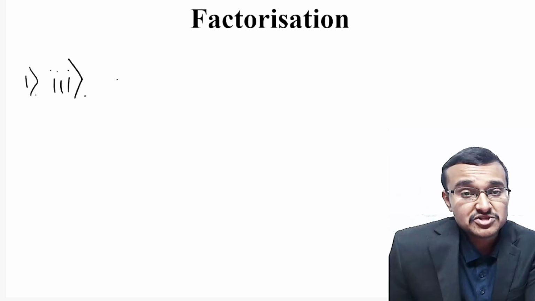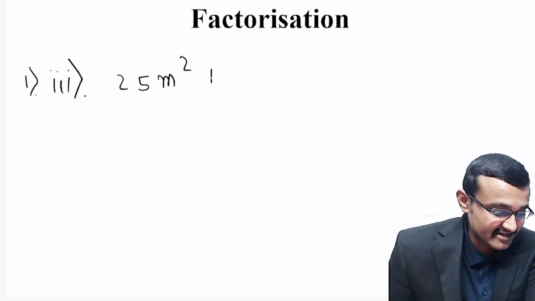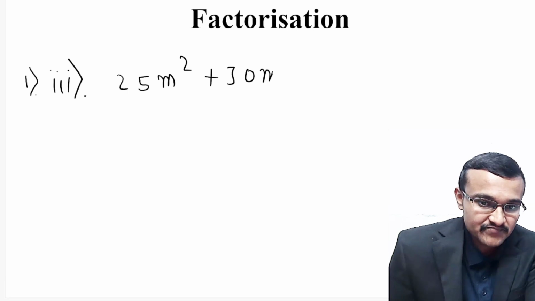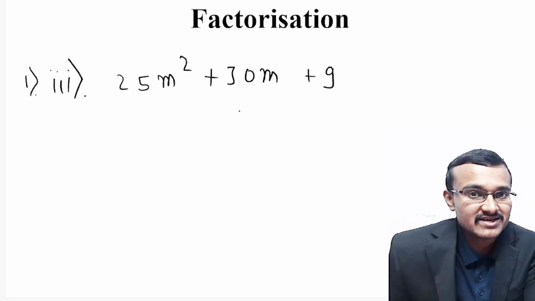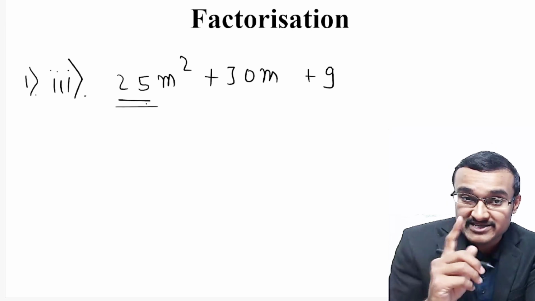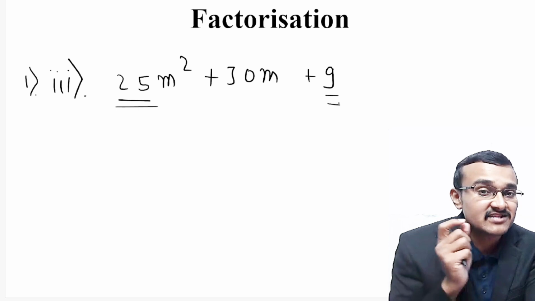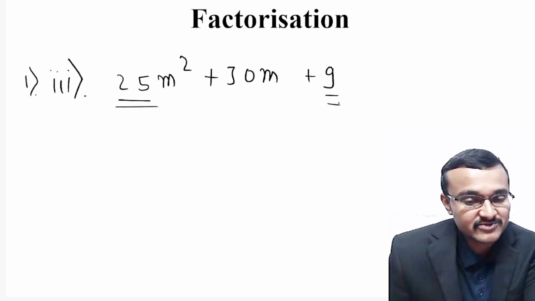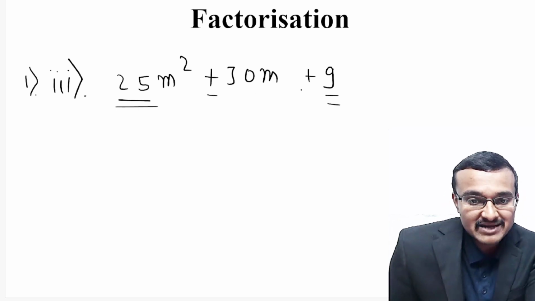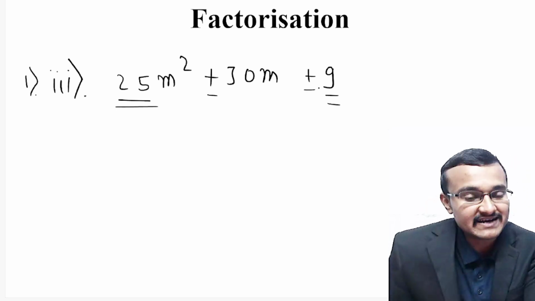Coming to the third question in this exercise, they have given 25m square plus 30m plus 9. Here you should see that 25 is a perfect square, and 9 is also a perfect square. That means we should use either a plus b whole square or a minus b whole square. Everywhere plus is there, so we should use the a plus b whole square identity only.